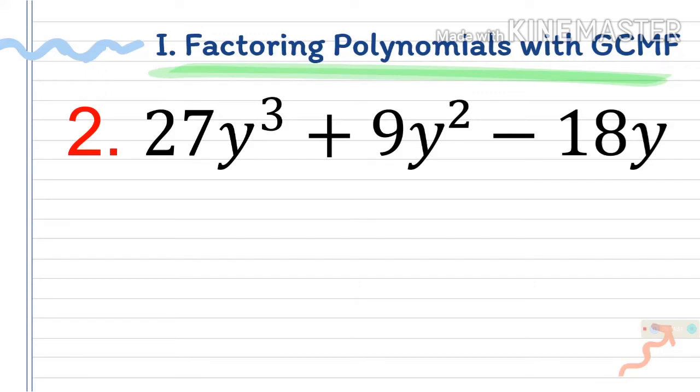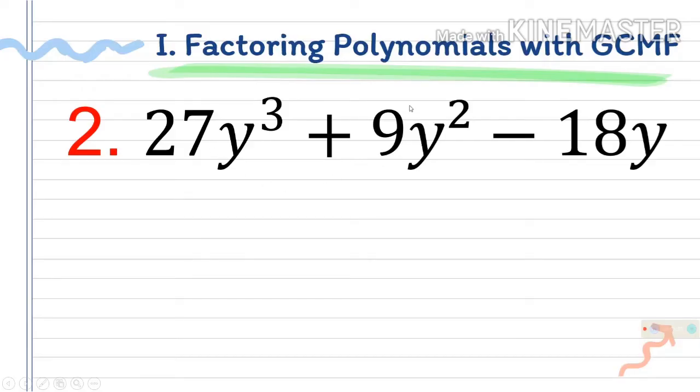So we have here 27y cubed plus 9y squared minus 18y. What kind of polynomial is it? Correct, we have here a trinomial. So we have to observe the numerical coefficients. We have 27.